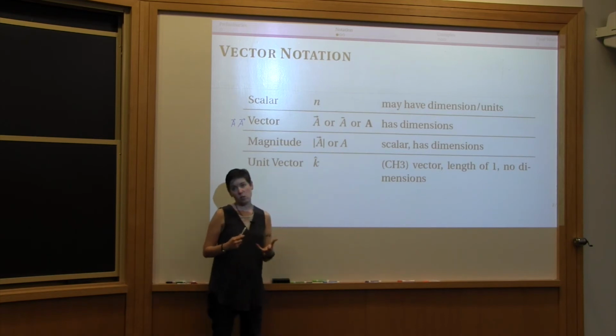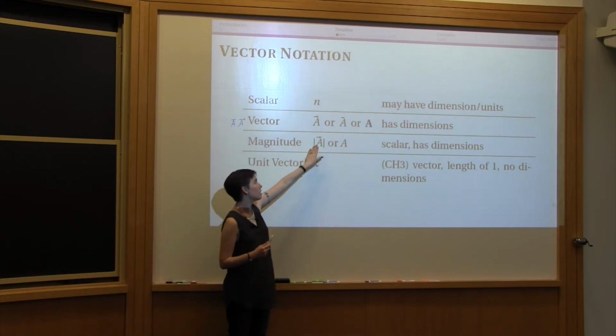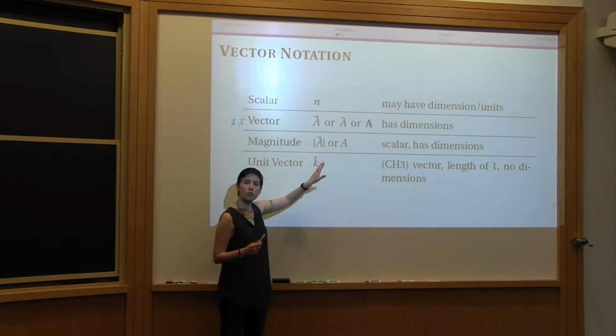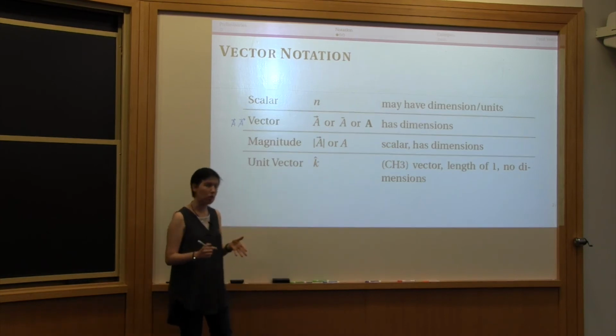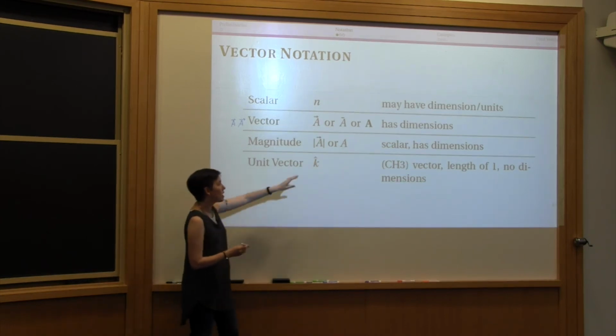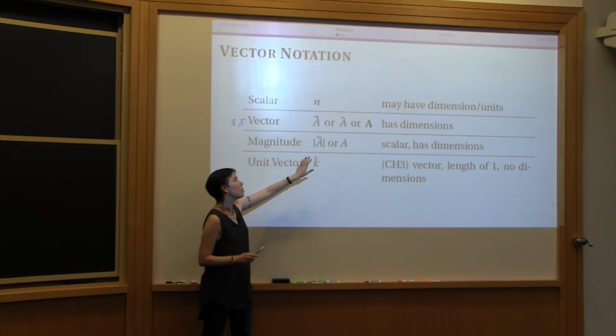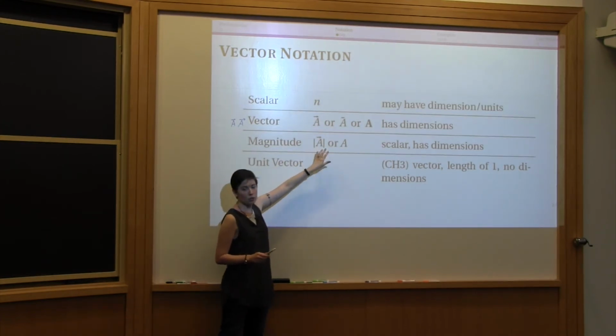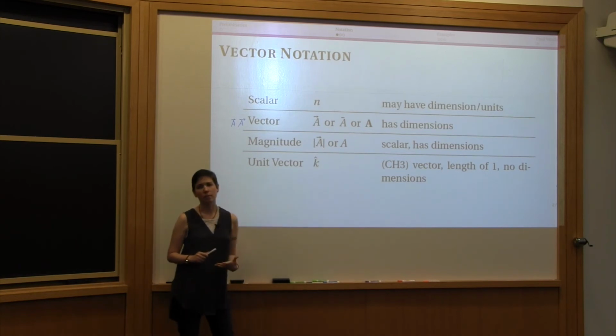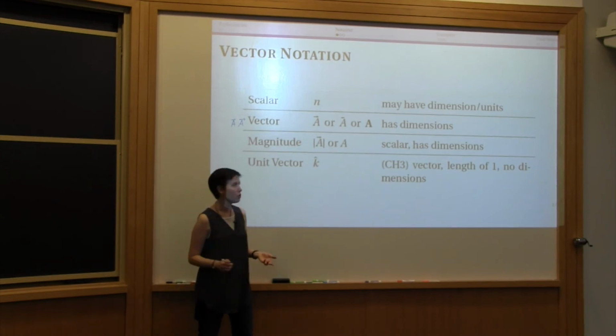So one of the best things you can do for a magnitude is to be very explicit. Using the 2 vertical bars means the magnitude of a vector. So writing it this way, where again a could be bold in print, makes it very clear that you mean the magnitude. Now, one thing that's going to come up again and again in notation is if you make it very clear to me what you mean, I then will know exactly what you mean.